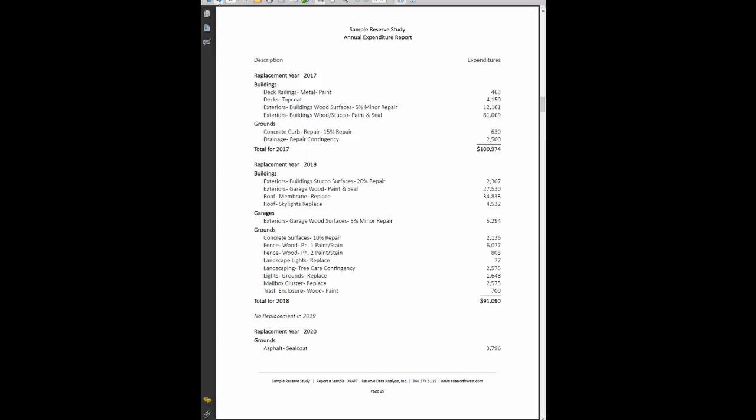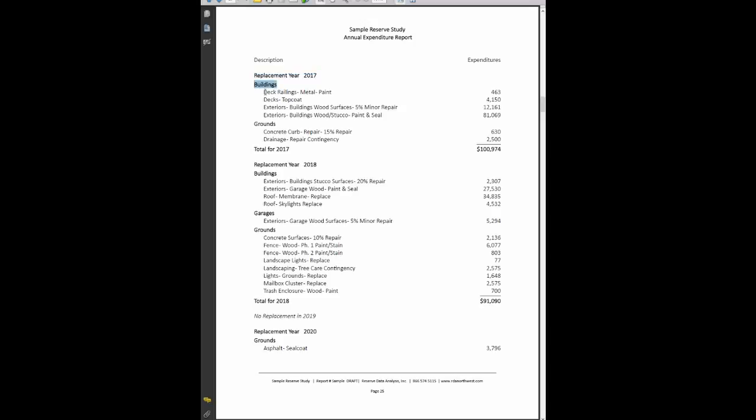Next, we have the annual expenditure report, and this is just a list of all those components which we noted earlier in that visual graph. It's a list of all of them over the 30-year period, broken down per year and then per category, and then into the list of the components that are projected to be in need of replacement in those particular years. In this case, we have replacement year 2017.